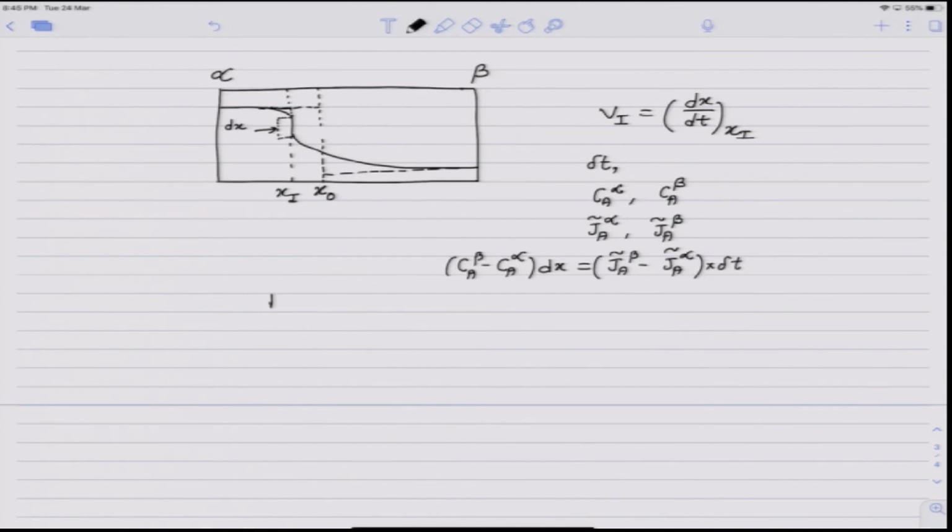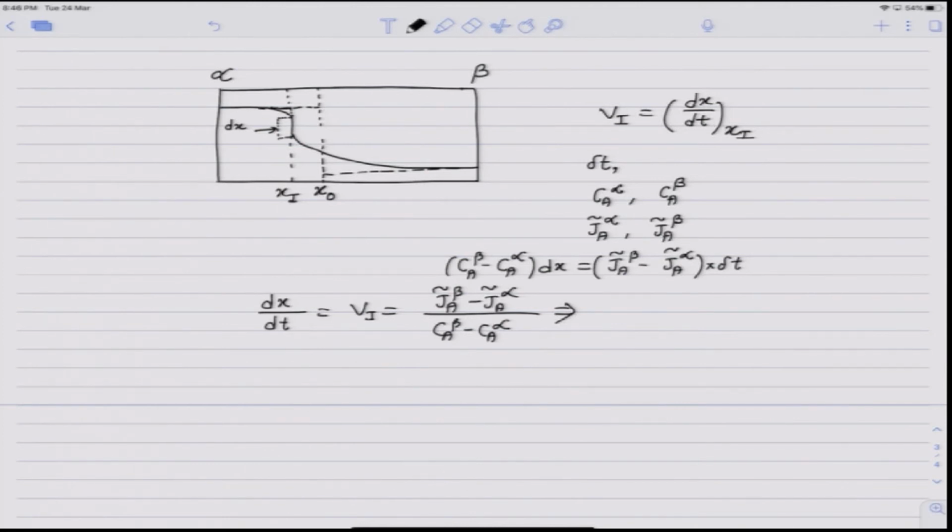So, this tells me as delta t tends to 0, dx by dt, which is nothing but v I, should be equal to J A tilde beta minus J A tilde alpha divided by C A beta minus C A alpha. This equation can also be obtained by simply considering the frame of reference which is fixed to this interface.